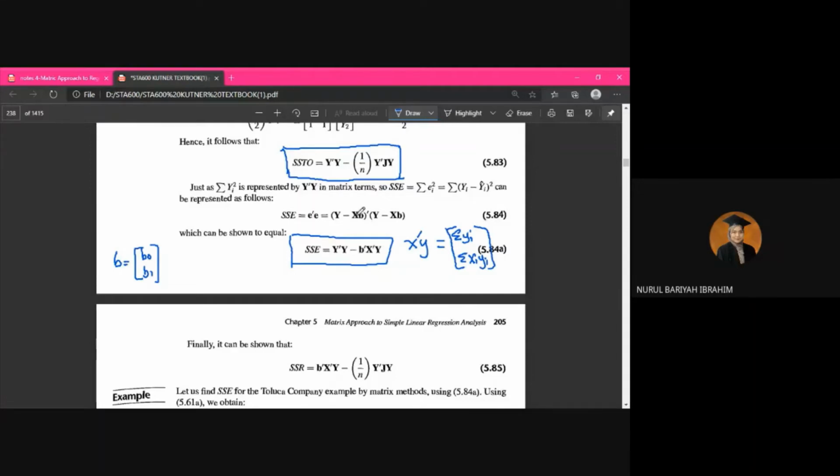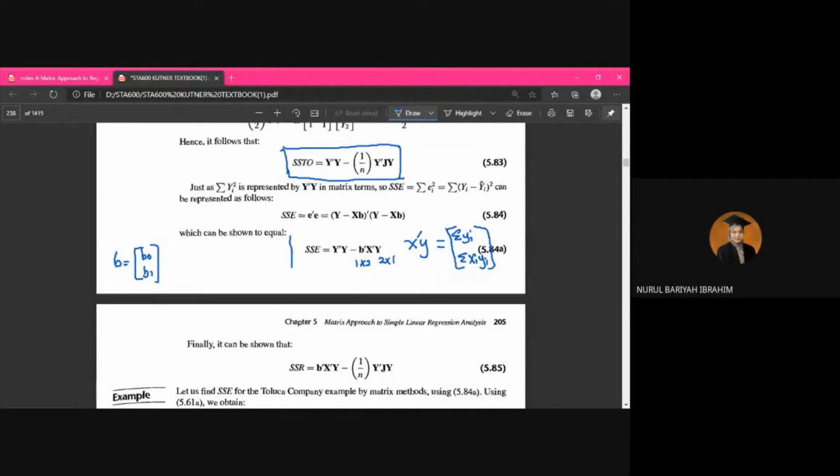B transpose will be the transpose of this matrix, so it is 1 by 2, multiplied with this 2 by 1 matrix, so you will get 1 by 1.